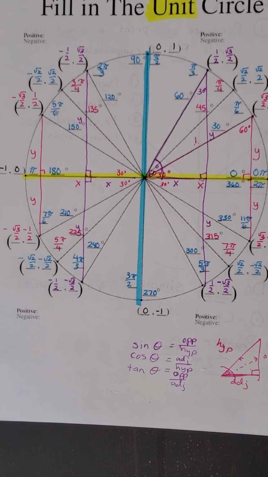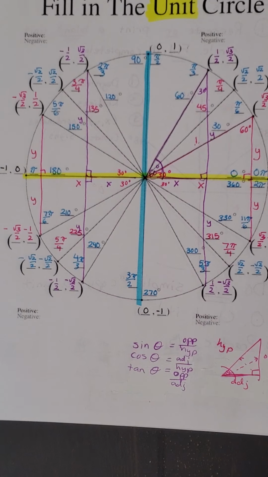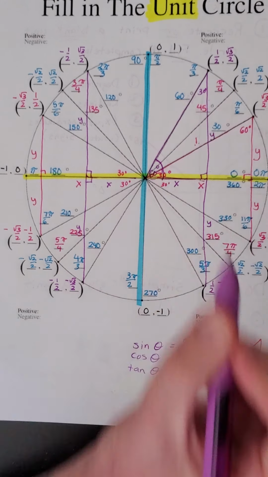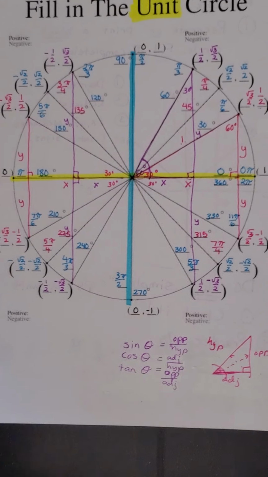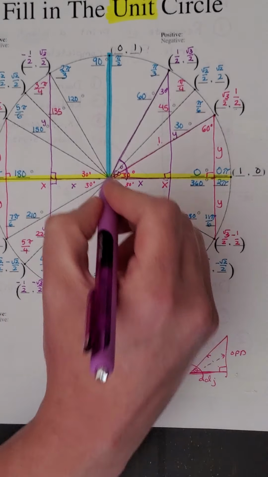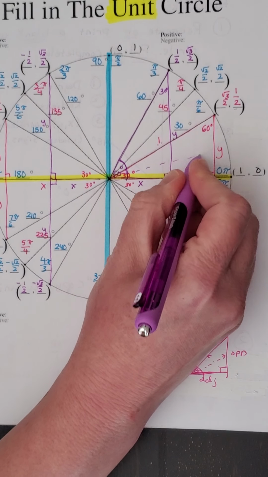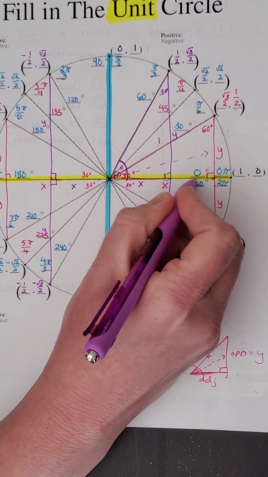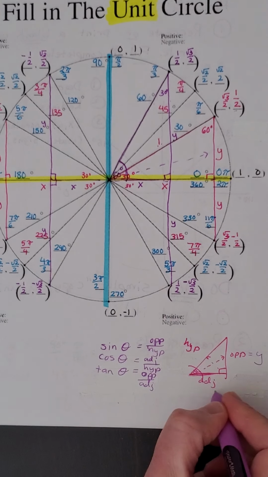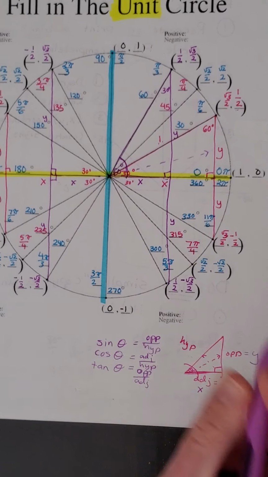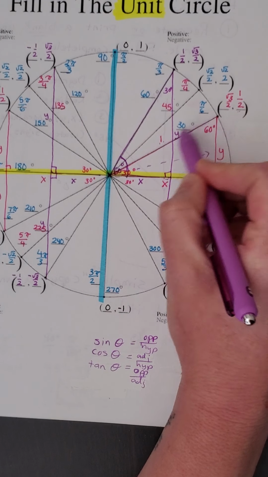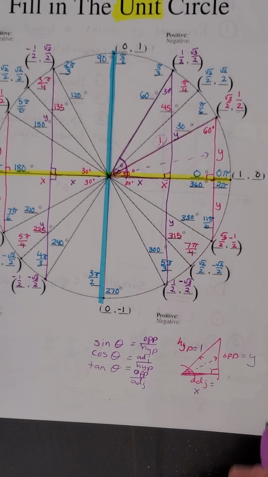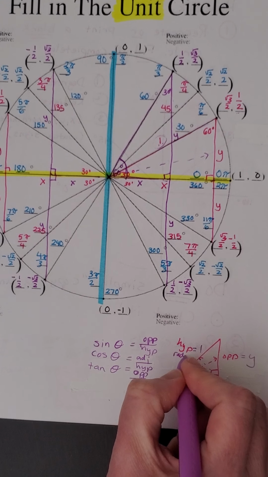If we apply that idea to any of these triangles in this quadrant, our opposite is our y value, our adjacent right here is our x value, and our hypotenuse right here is always equal to 1, which is also called the radius of the circle.